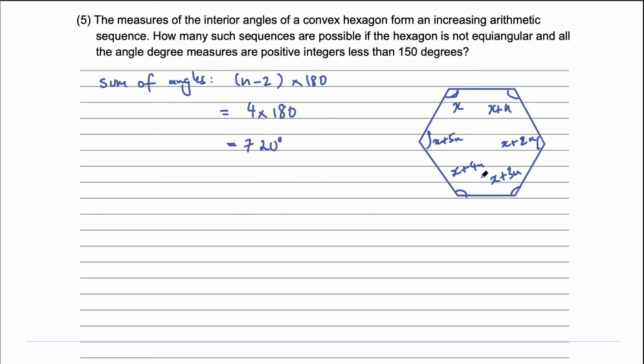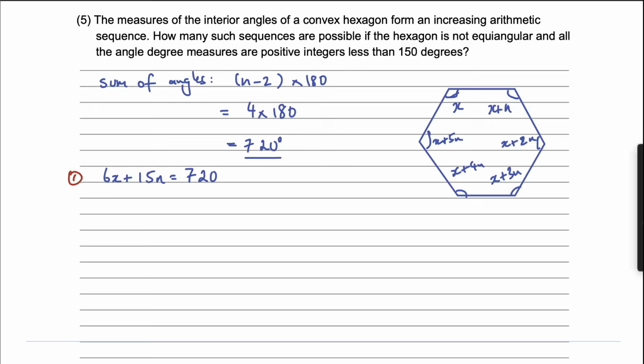So if we add these up, we'd have x plus x plus x plus x plus x plus x, which is 6x. And then we'd have n plus 2n plus 3n plus 4n plus 5n. Add all of those up, you get 15n. And this needs to equal 720 because they must add up to the interior angles of a hexagon. All right. So this is, if you like, my first equation that I've created.